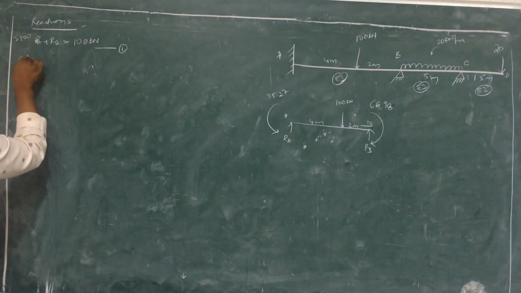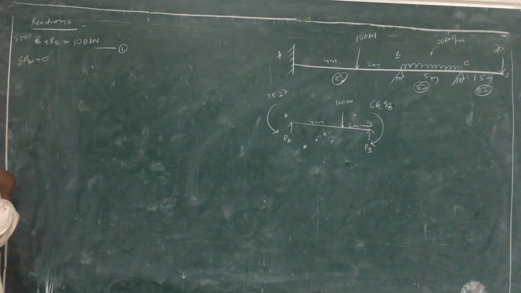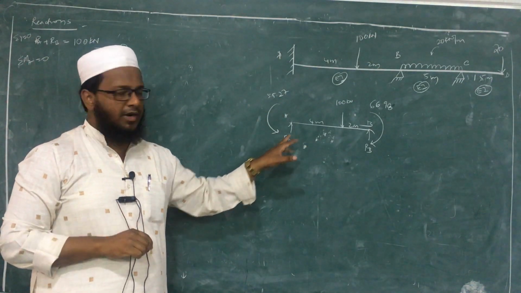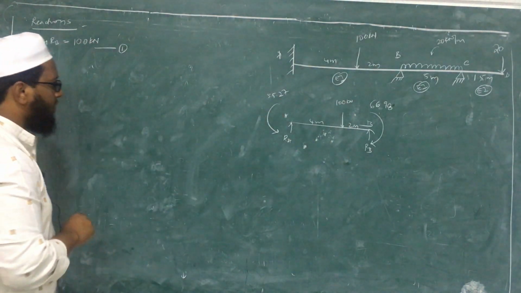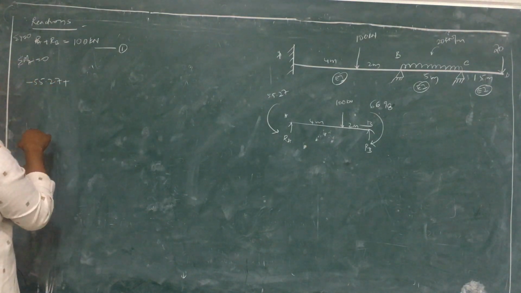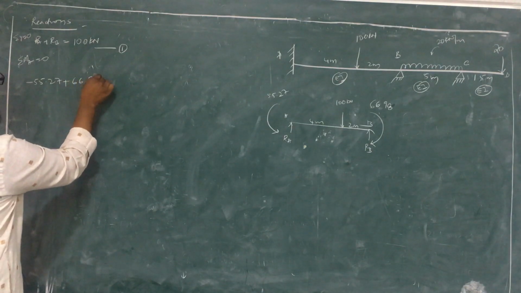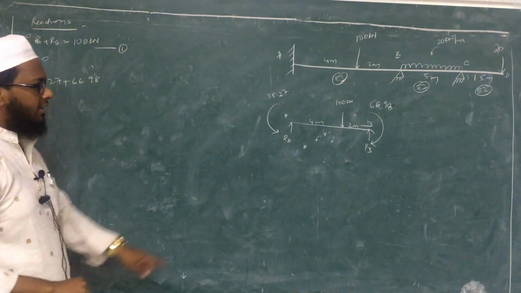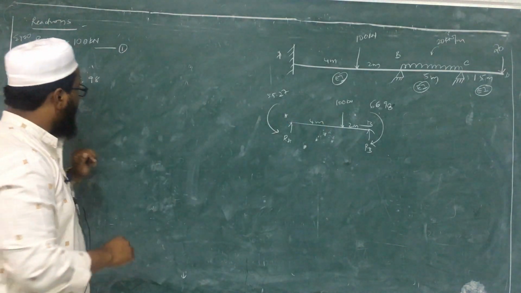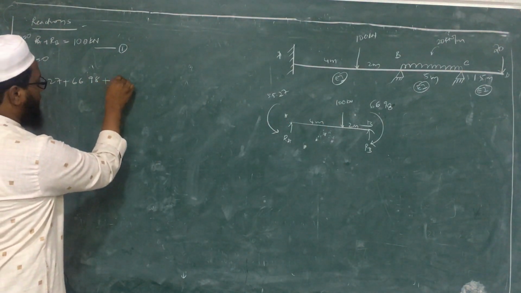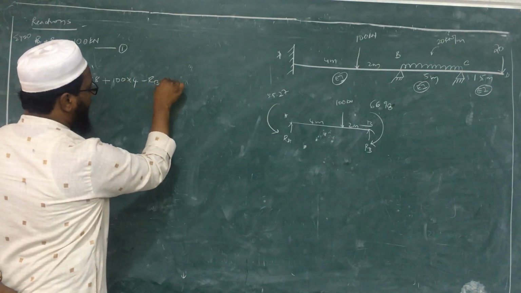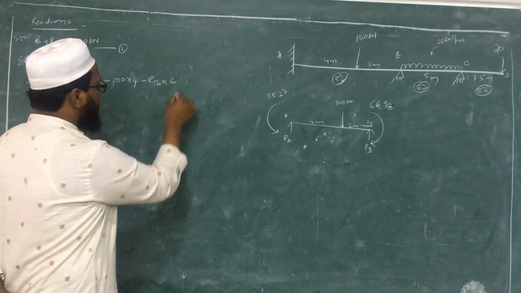Now going for moment of all forces about point A equal to 0. Here you see we have an anti-clockwise moment, there we have a clockwise moment. So here is minus 55.27 plus 66.98. Then force into perpendicular distance, 100 into 4, going in clockwise direction. So 100 into 4 minus RB into 6 is equal to 0.